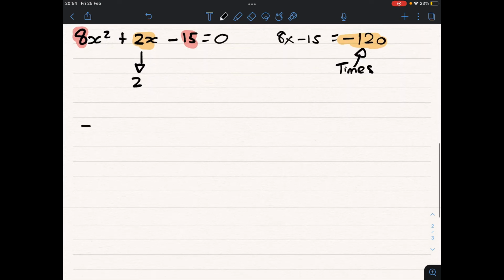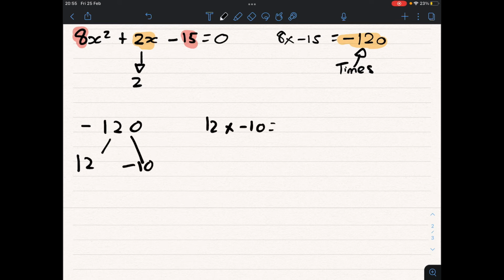What comes straight to my mind are 12 and minus 10. So we've got 12 times minus 10 gives us minus 120. Check. 12 minus 10 equals 2. Check.